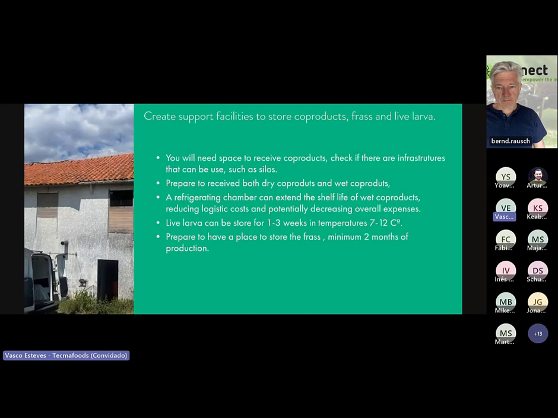Also very important, prepare a place for the frass, at least for a minimum of production, because using fertilizers, at least in our region, is seasonal. So sometimes you sell a lot of frass, sometimes you stop, and then you have to have the capacity to store it. You cannot block your operations.